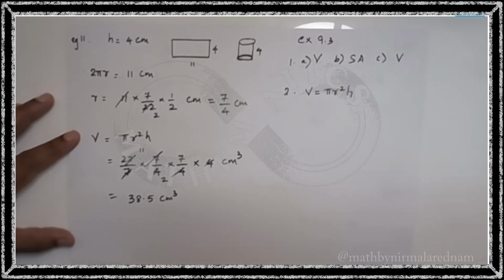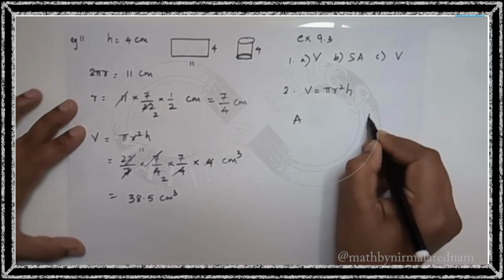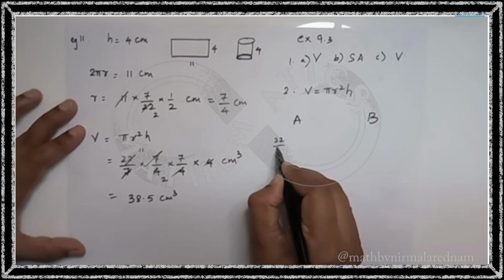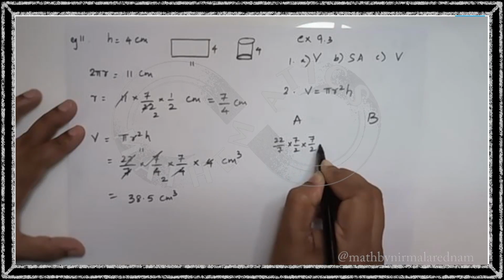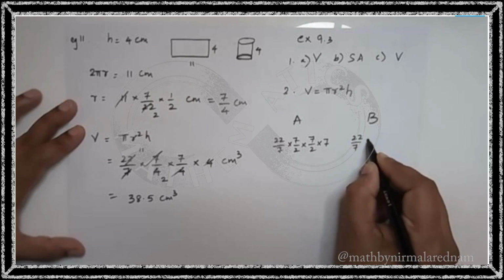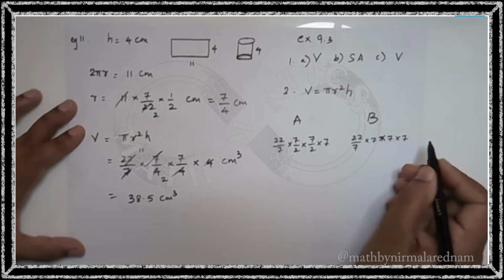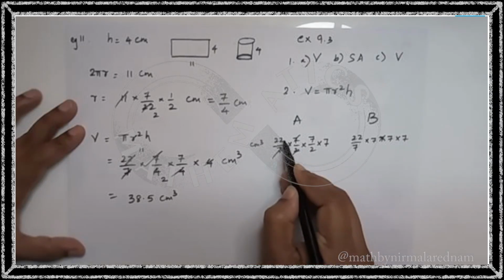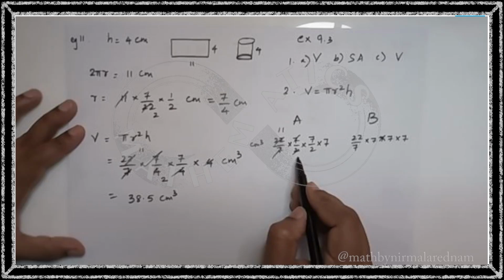Let's do that. So for cylinder A, I have pi r square, 7 by 2 into 7 by 2 into 7, right? Whereas for cylinder B, it is going to be 7 into 7 into 7. The units are centimeter cube here, right? So I'm going to have 11, correct?